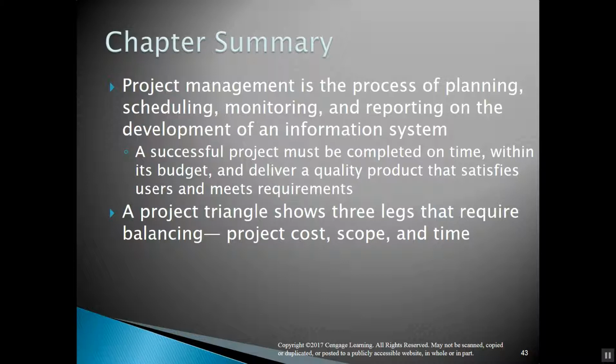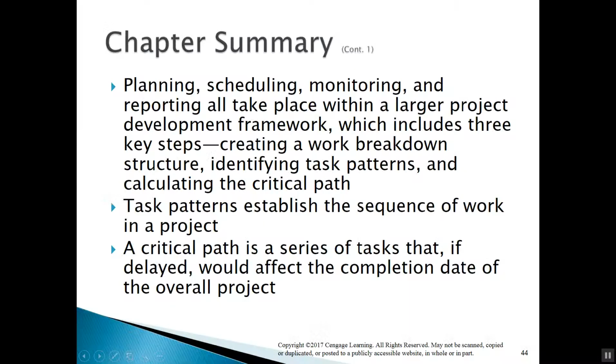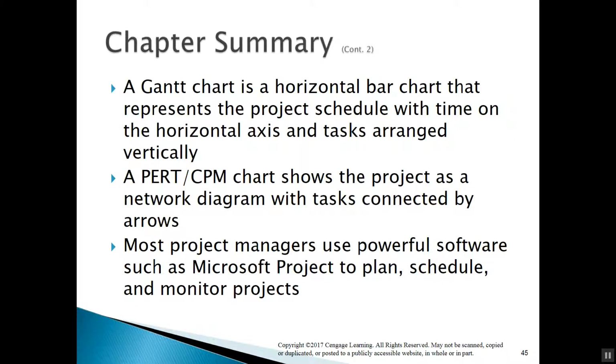So this is tools, being able to document and get a better understanding of what's going on, assessment. Okay? Talked about the project triangle, the 3 legs of it, cost, scope, and time. Talked about critical path, Gantt chart, PERT chart. Microsoft Project gives the ability to schedule and monitor projects. All right. So we'll see you in the next chapter.